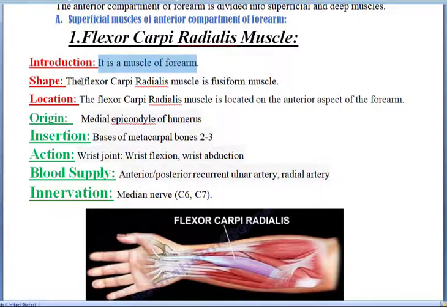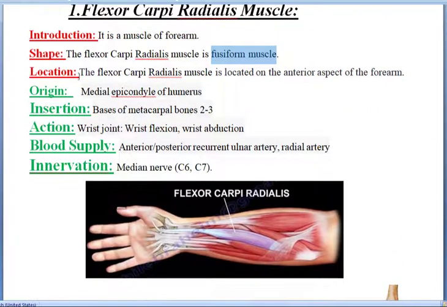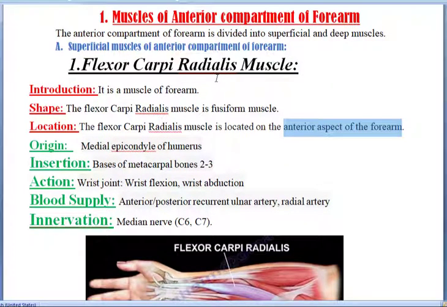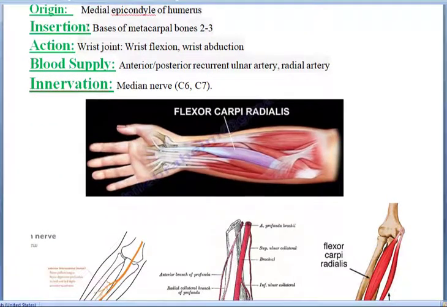The shape of the flexor carpi radialis muscle is fusiform, a little bit fusiform as you can see. It is located in the anterior aspect of the forearm, so this muscle belongs to the anterior compartment, among the superficial muscles. What is its origin? It originates from the medial condyle of the humerus.